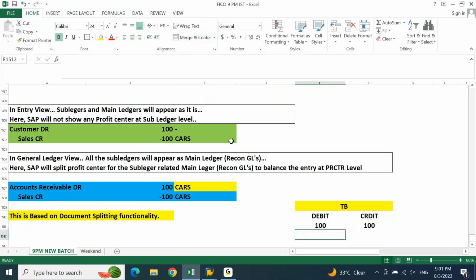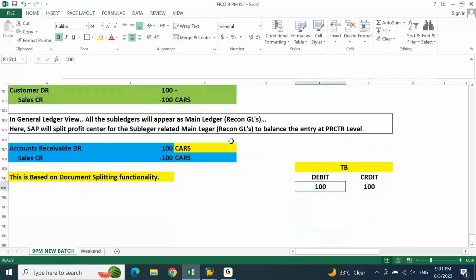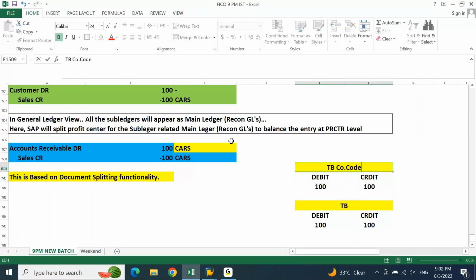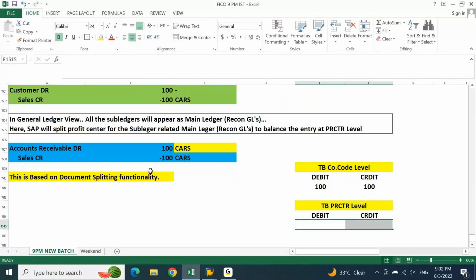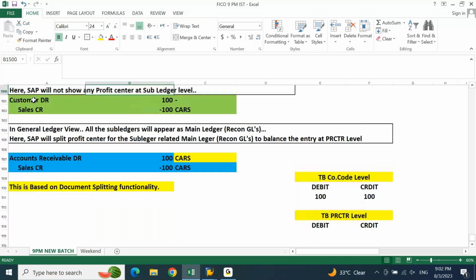But on the other side, if I try to put the trial balance at profit center level. This is the TB, company code level. This is the TB, profit center level. When I generate the TB at profit center level, if I look at this entry, on the debit side there is no profit center.